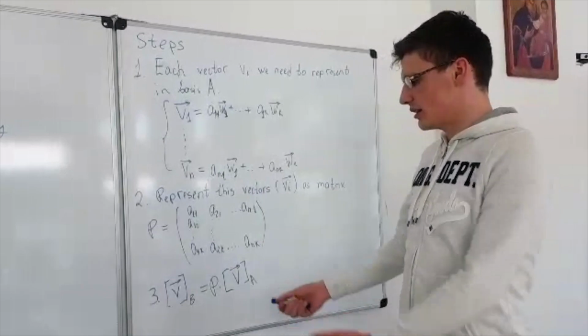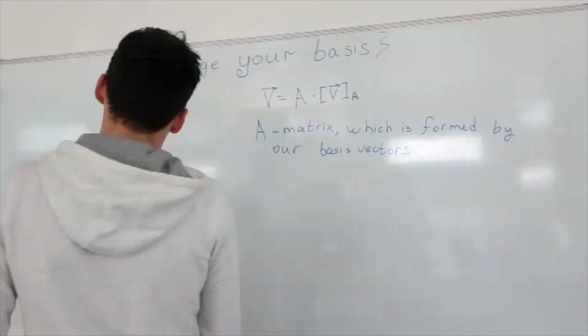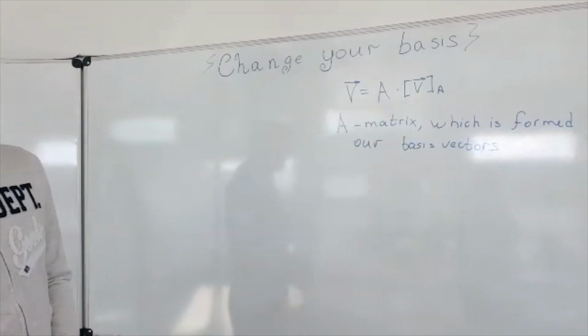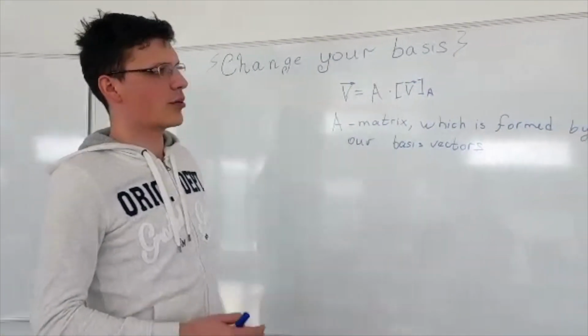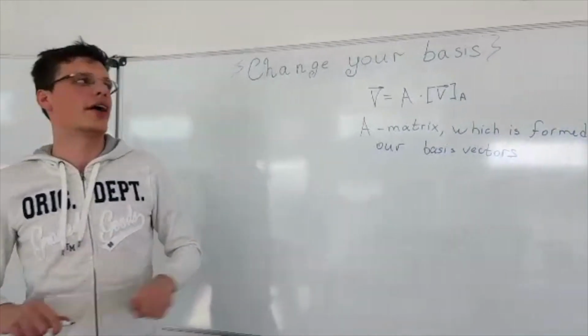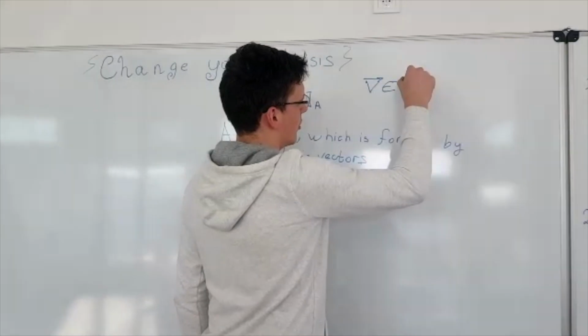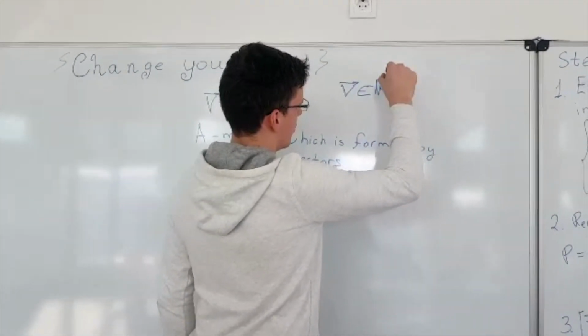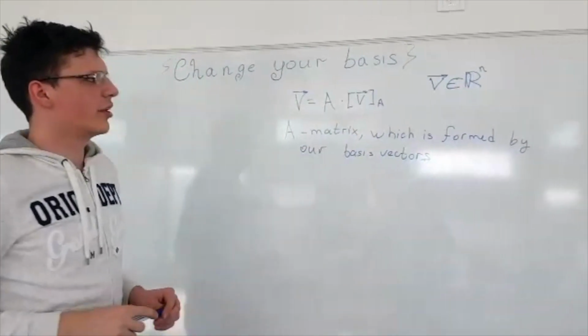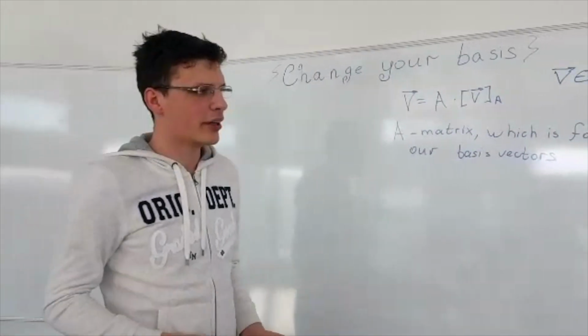We get this equality from our third step. If we make it less general, we can get such an equality where V is a vector in Rn. This is clear because A is already a transition matrix.